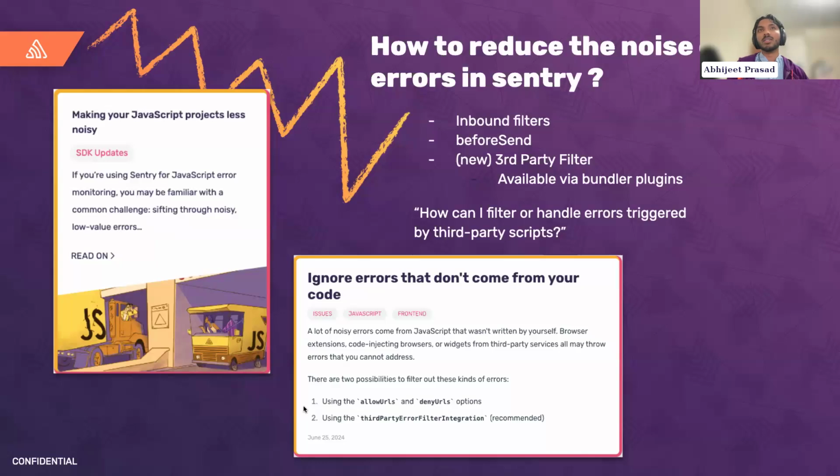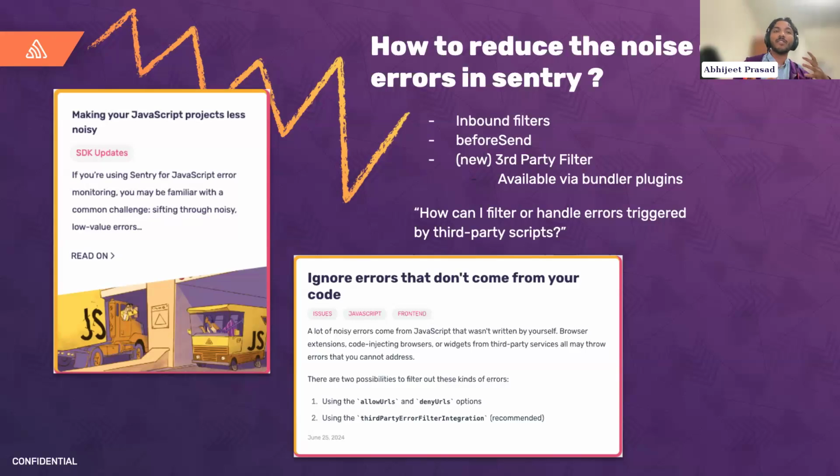So we got some questions about handling the noise of errors. You can see here that Sentry, from the examples that we showed, automatically picks up on unhandled errors and rejections without any extra setup, without any extra code. But that also means that, hey, you might get some noise, right? Or you might get a Chrome extension messing around with your app.